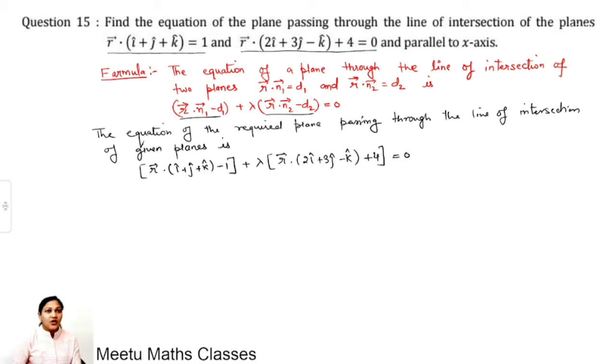or we can write this as r dot, your normal vector will become 1 plus 2 lambda i, then 1 plus 3 lambda j plus 1 minus lambda k, this is your normal vector, okay, is equals to, you will get this, here there is minus 1, so on the right hand side it will become plus 1, and plus 4 lambda will become minus 4 lambda.